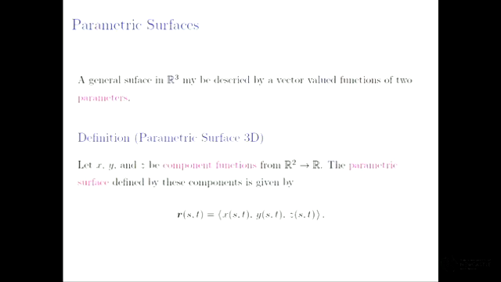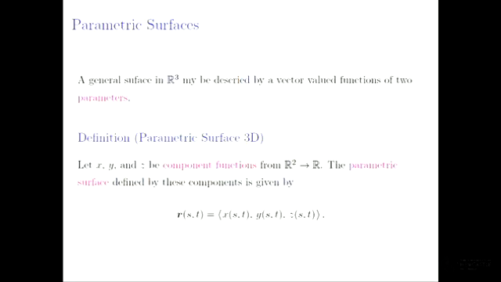Okay, so surfaces now. A parametric surface, or a general surface in R3, may be described by a vector-valued function of 2 parameters. Right? So with 1 parameter, we were able to define curves. Right?